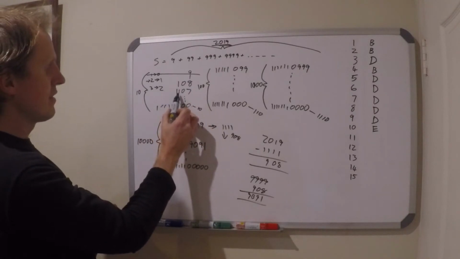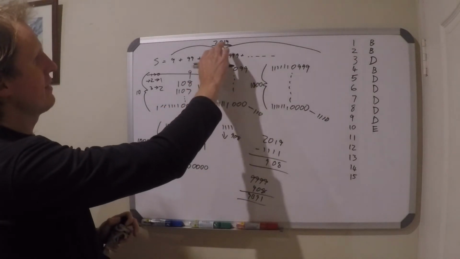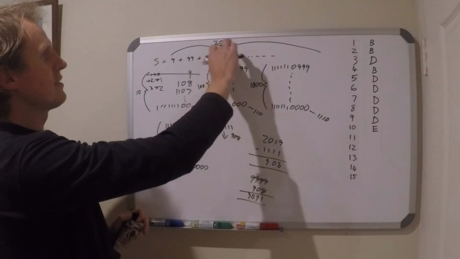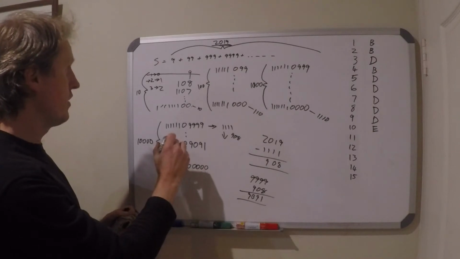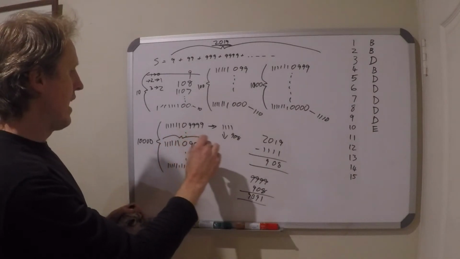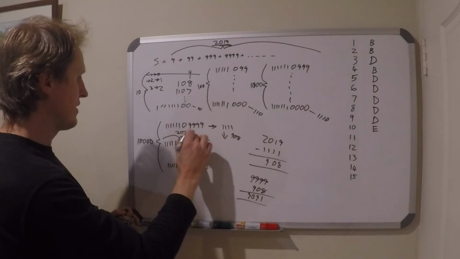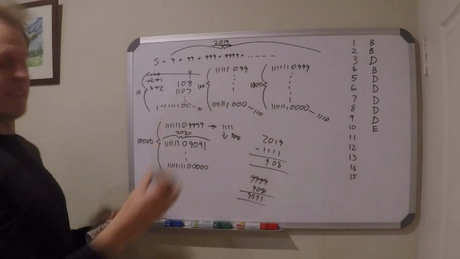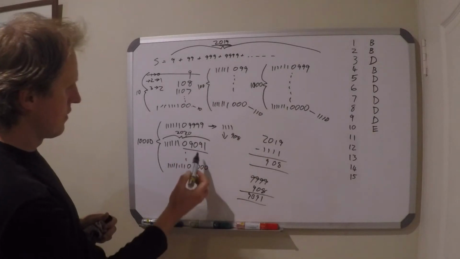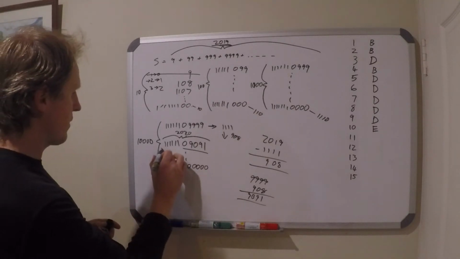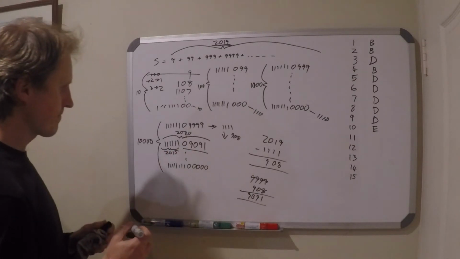Here we added a 3-digit number and we got a 4-digit number. So here the last term is going to have 2019 ones, 2019 digits. So the length of this whole number is 2020. So it's 2019 plus 1. So 5 of them are not ones. So that means that here we've got 2015.